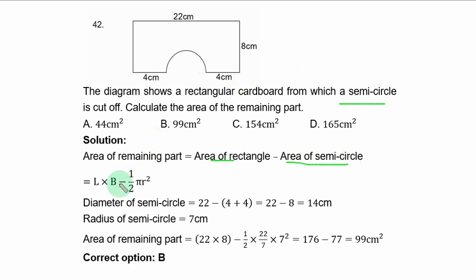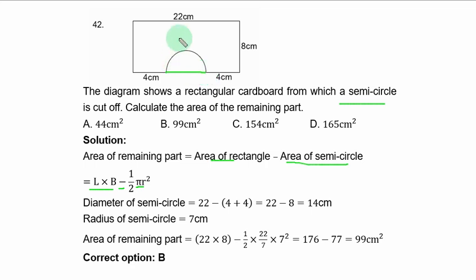It follows that for the rectangle, you have length times breadth minus, for the semicircle, 1 over 2 pi r squared. From the diagram, if you close this distance, it becomes the diameter of the semicircle.